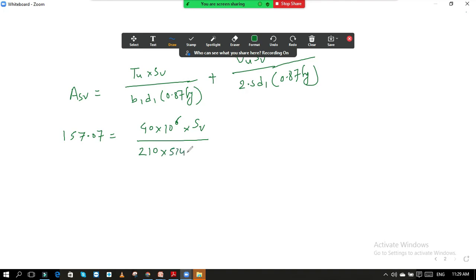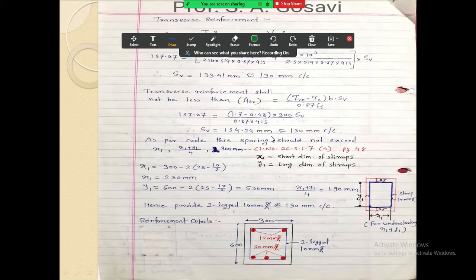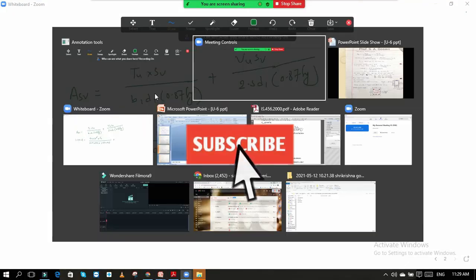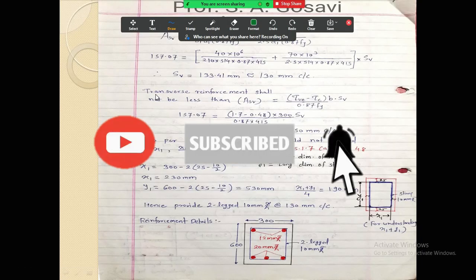D1 514. Into 0.87 into 415 value of FY plus VU. What was the value of VU given to us? 70.